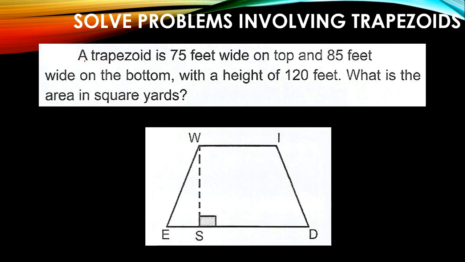Okay, next one. A trapezoid is 75 feet wide on top and 85 feet wide on the bottom with a height of 120 feet. What is the area in square yards? So, let's identify the given elements of the problem. So, 75 feet wide on top. So, this is 75.